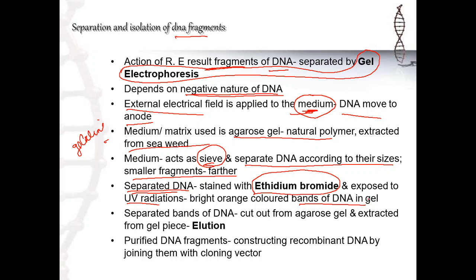Okay? Then the separated bands of DNA, itong bright orange colored bands of DNA, are cut out from the agarose gel and extracted from the gel phase, which is known as elution. So we have now the elution after staining. Then the purified DNA fragments are used in constructing recombinant DNA by joining them with a cloning vector.